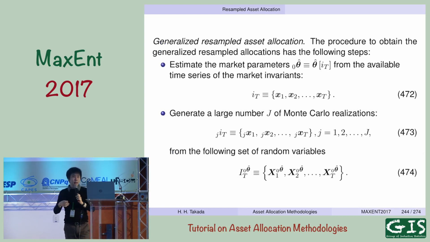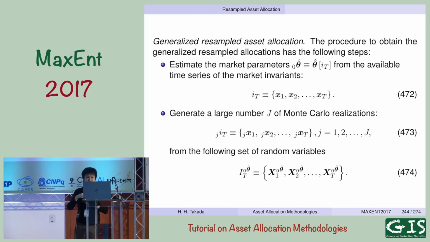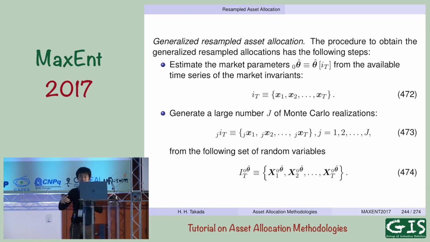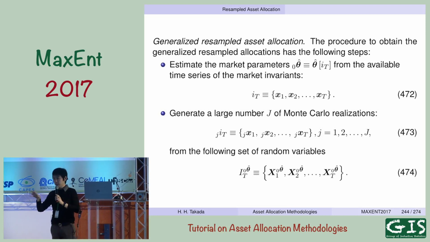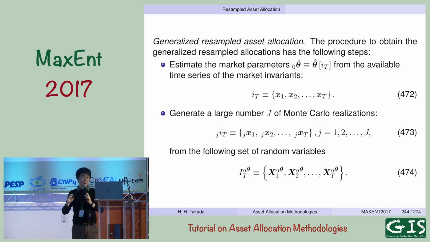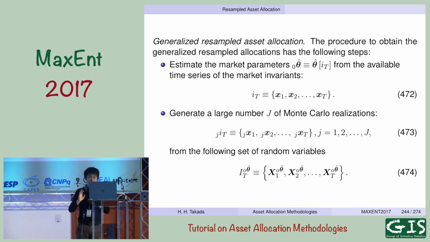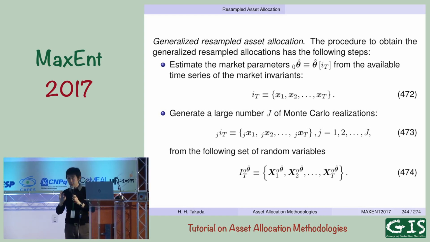So the procedure is to obtain the resampled allocation following the steps there. So first we estimate the market parameters. You consider some kind of model for the market invariant. So you have an observed sequence of market invariants there, the I of t.